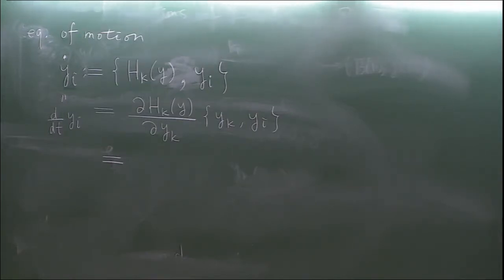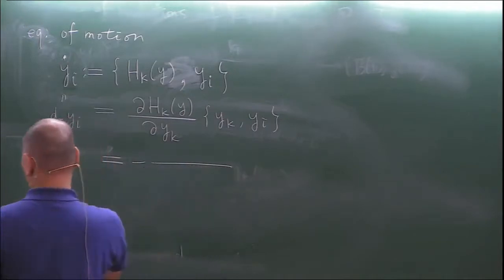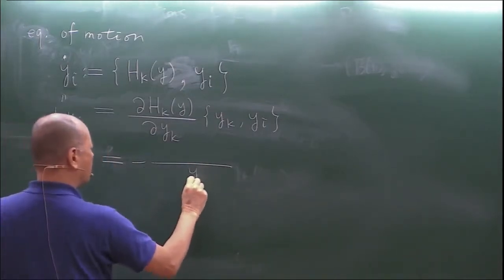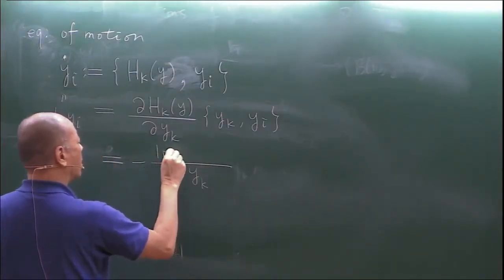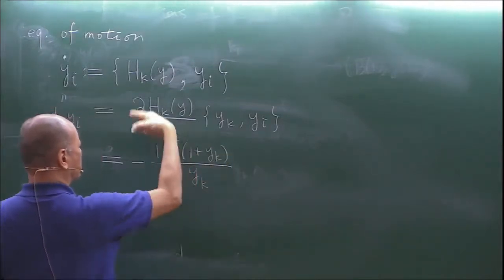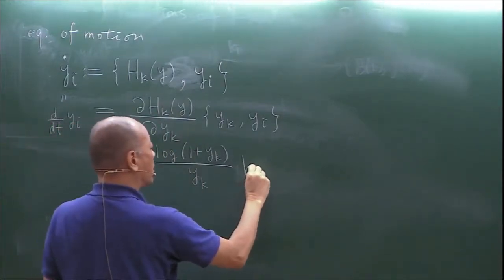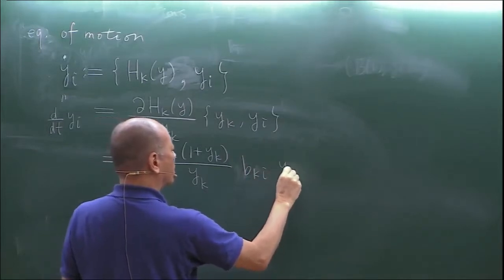So you just remove this integral and it gives you the following things, but put yk here. This comes from the derivation. On the other hand, this one, by definition, I use this Poisson bracket, b_ki, y_k, y_i.